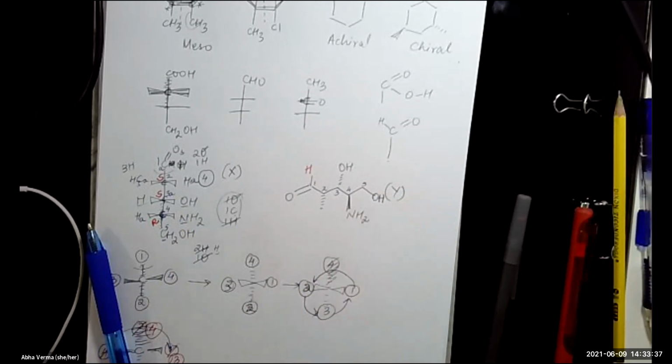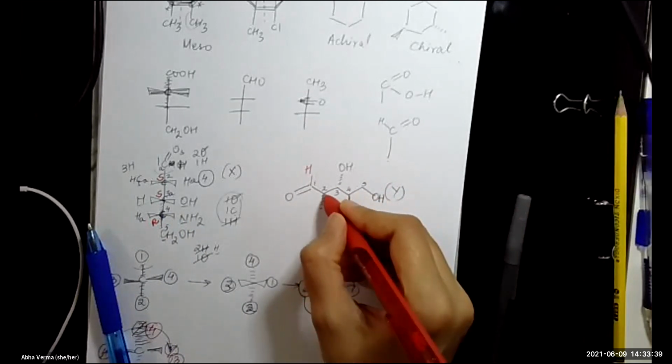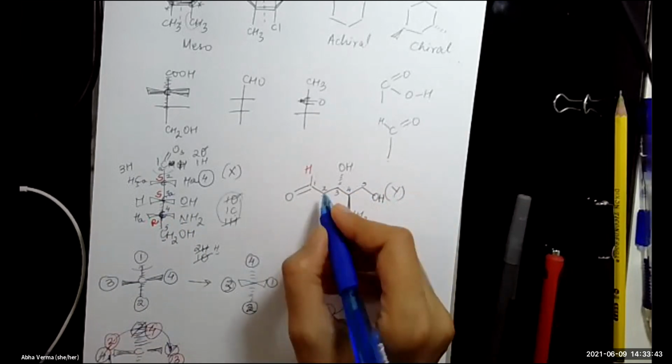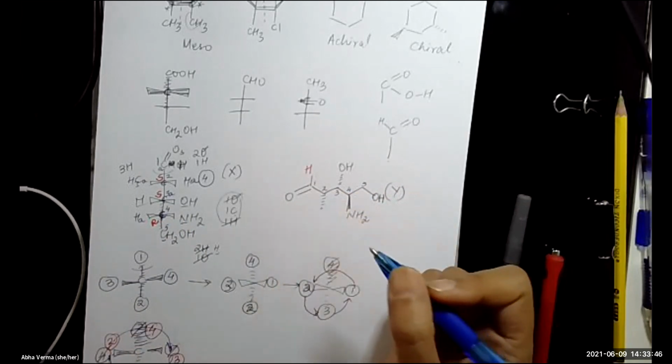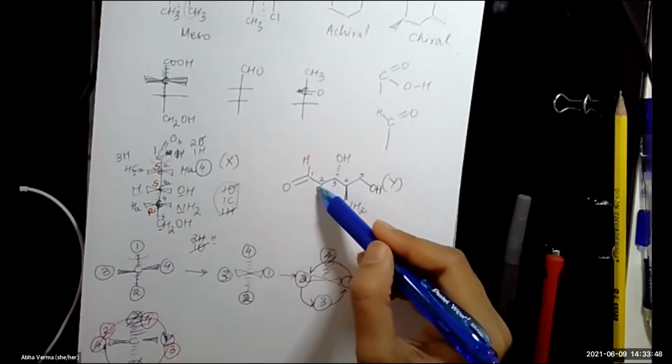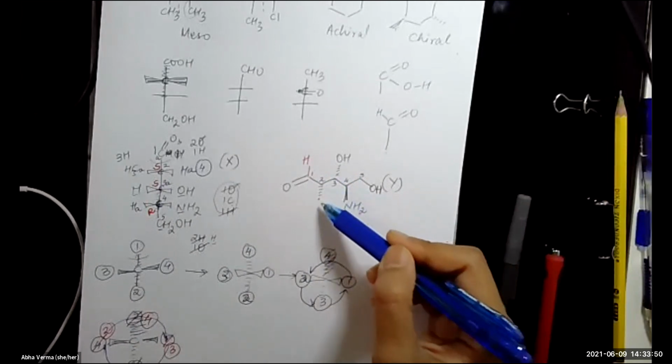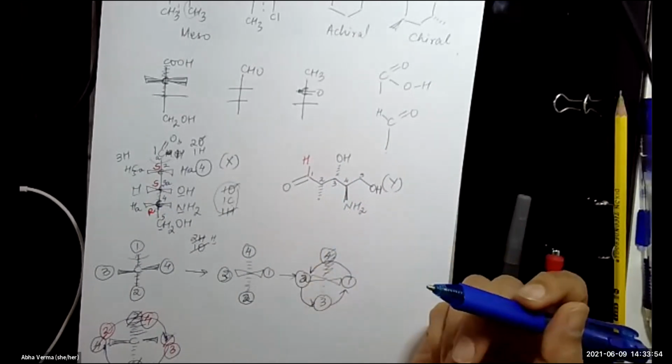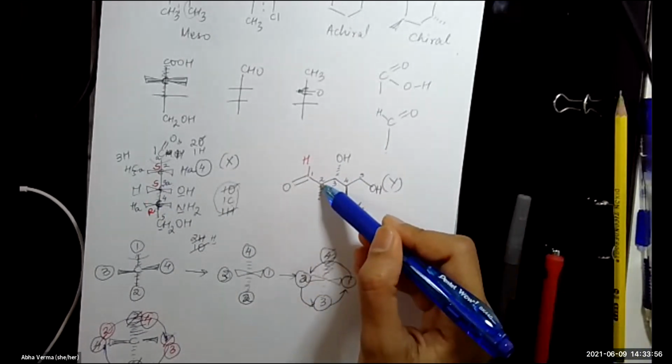And so when I do the configurations at each of these, I have to remember, on this very carbon, how many bonds do I have? 1, 2, 3. What is this group? A methyl group. Do I only have 3 bonds on this carbon or do I have 4?